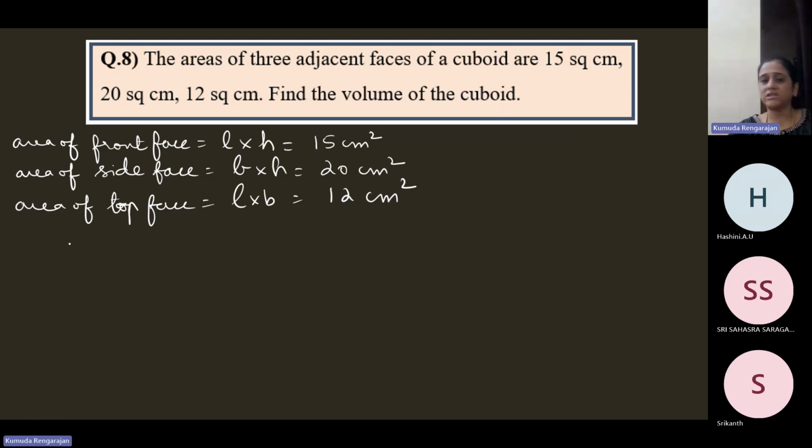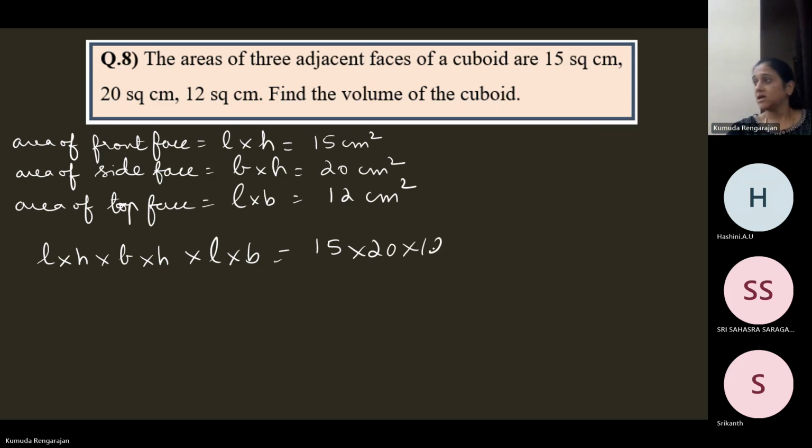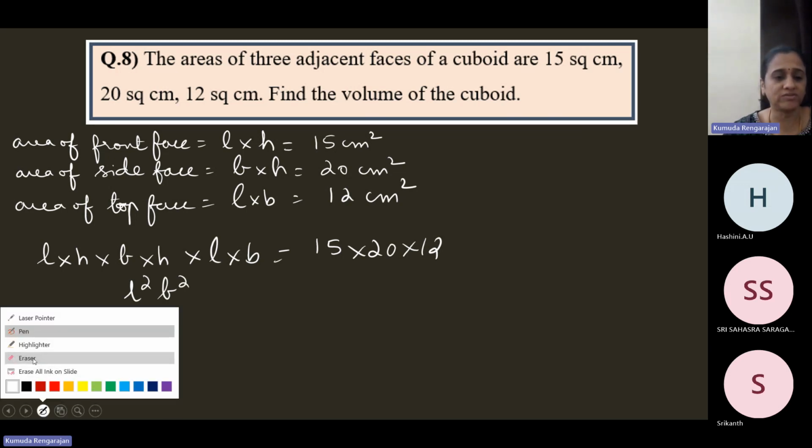When you multiply all these three equations, L into H into B into H into L into B is equal to 15 into 20 into 12. Multiply the left hand side and the right hand side.